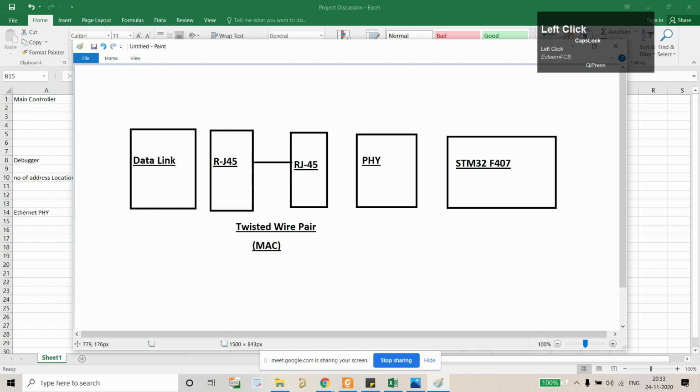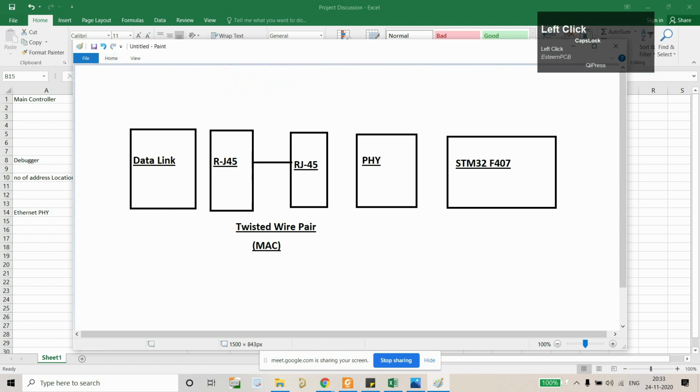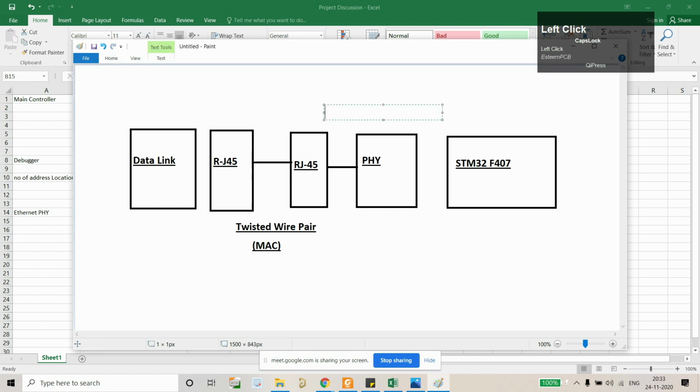Now we are interested in this section because here we see the term PHY. How is it connecting this data link layer to our hardware? Let's see. This is present over the PHY, which is our normal RX/TX connection, differential RX/TX, obviously.